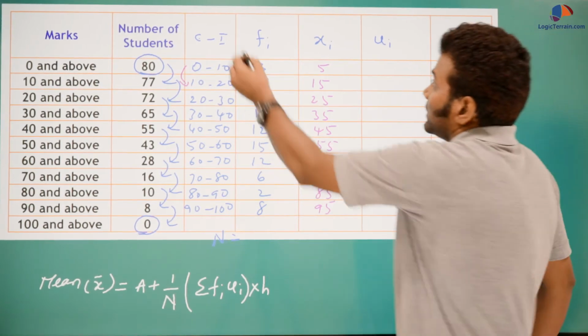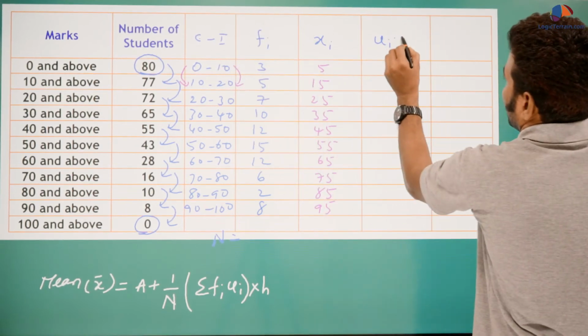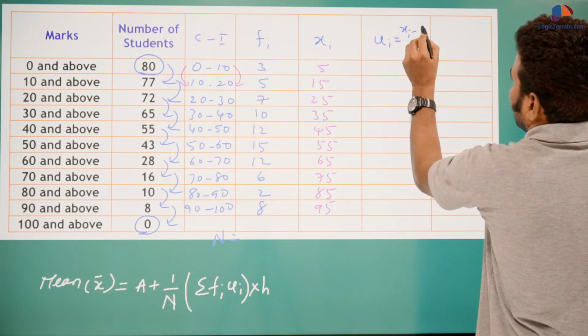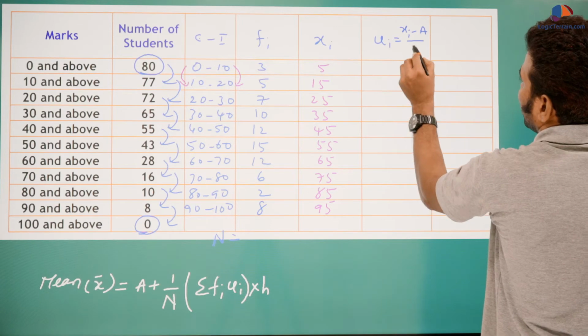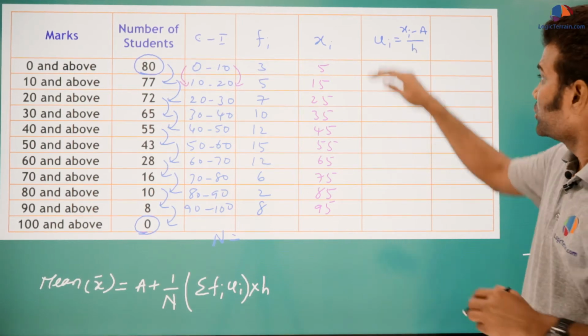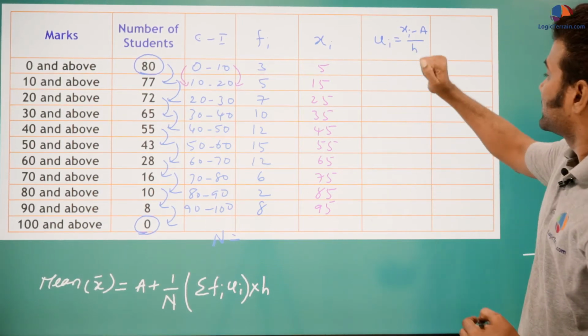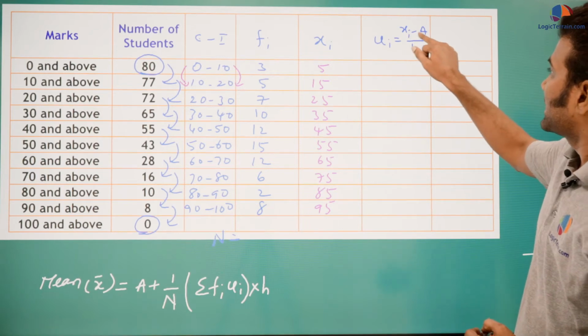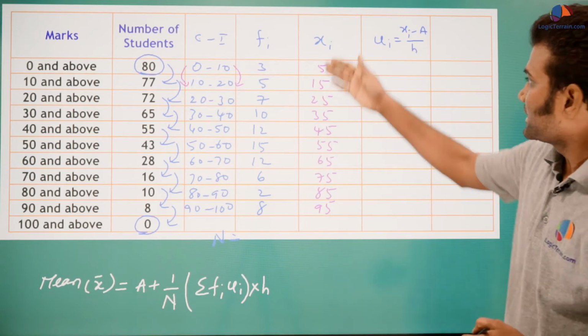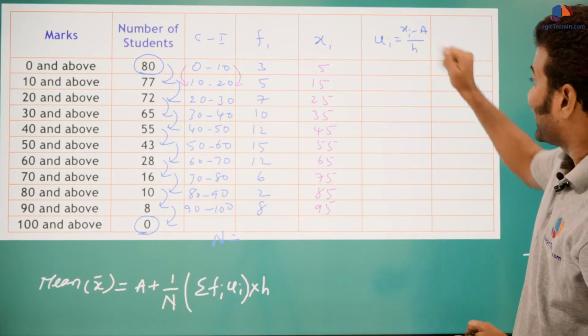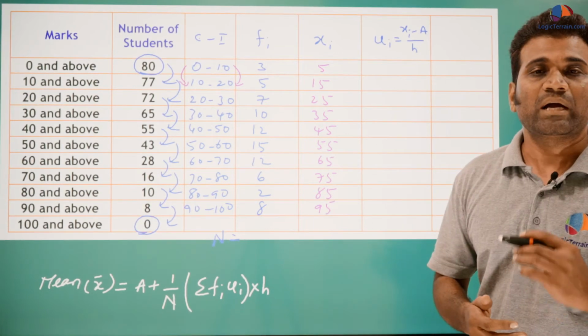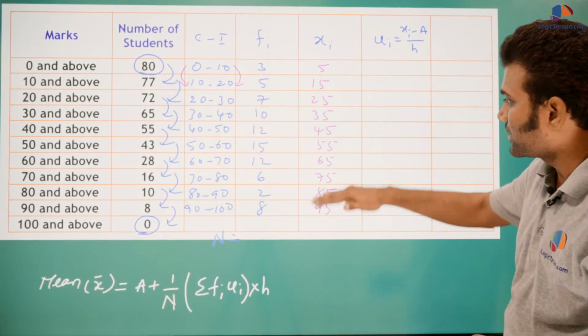What is ui? ui is nothing but the deviation, which is equal to (xi minus a) upon h. The xi's are these, and a is an assumed value among the mid values. These are the mid values, right?